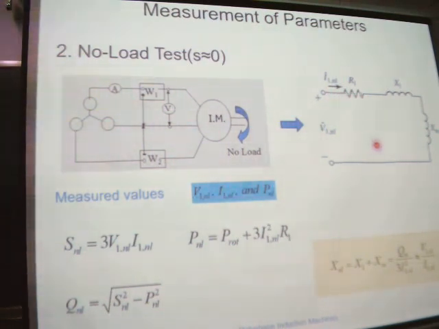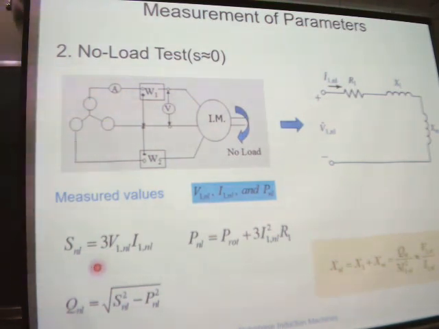Then we calculate the apparent power S. Apparent power S is 3 V1 no load times I no load. Just use this equation. We have known this equation. So it's the apparent power.